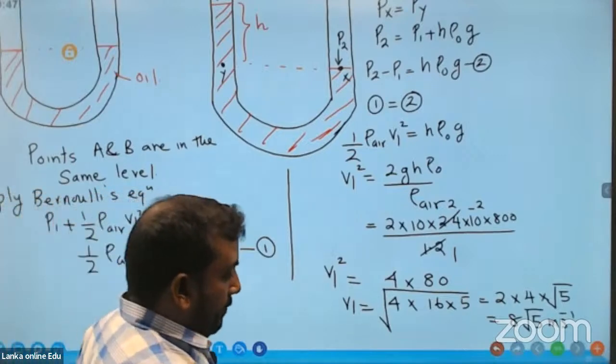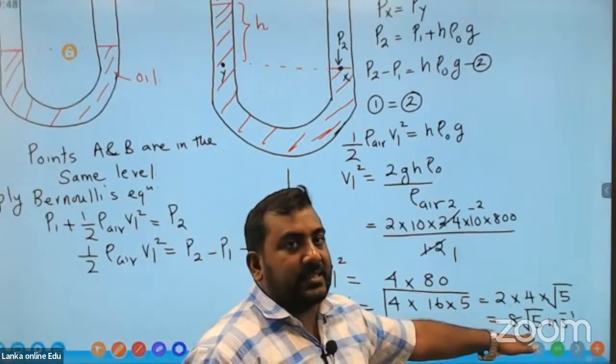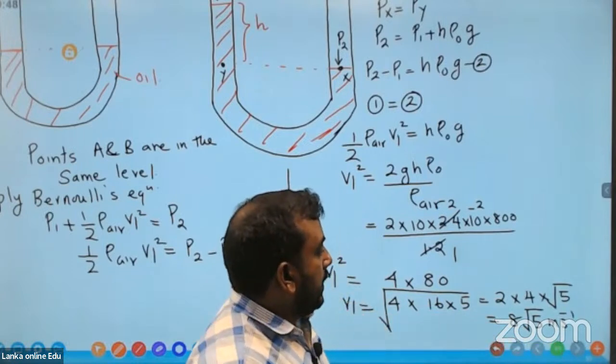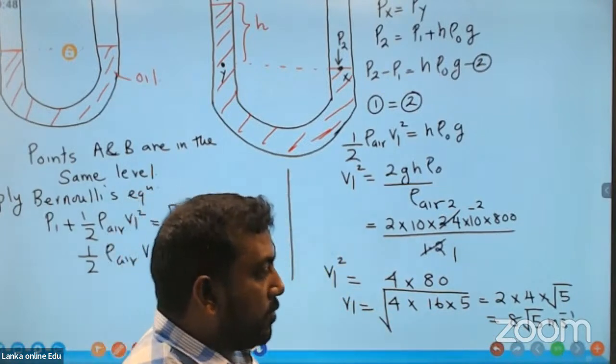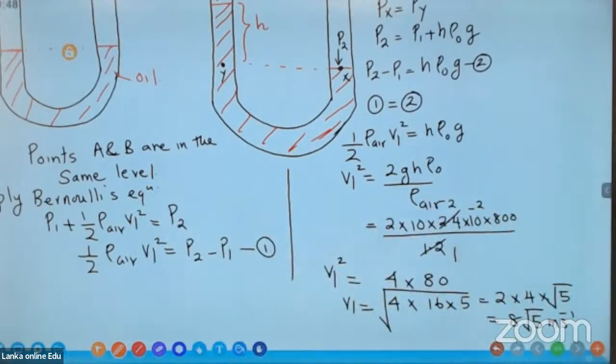Now remember, always keep at least 2 decimal places, because generally that's much easier and more accurate when you calculate. So if you calculate this, root 5 is 2.24, let's say.